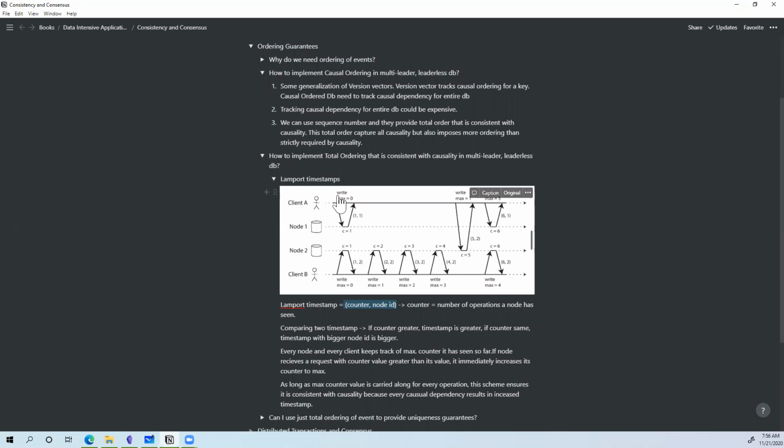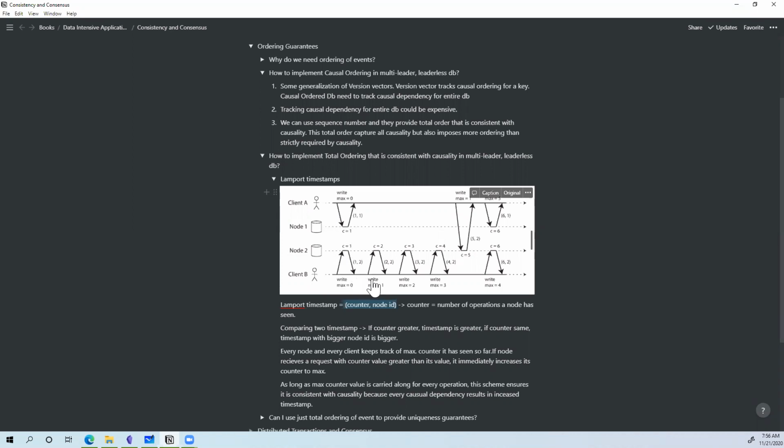Now the client makes a write to the database. This node will increment, because before it had 0, now it has seen 1 write, right? So it will return this timestamp: counter 1 and node ID 1. Similarly, this node has also not seen any operation before, so it will return 1, and the node ID is 2.